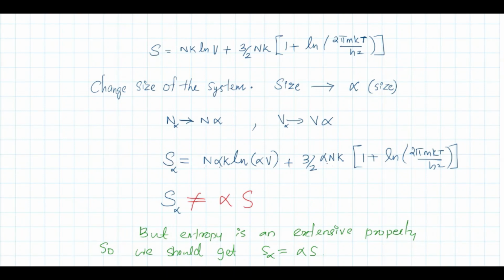Let it be S alpha, equal to n alpha k log alpha V plus 3 by 2 alpha n k into 1 plus log of 2 pi mkT by h square. Since entropy is an extensive property, any change in size should also reflect in the value of entropy. That is, you should get S alpha equal to alpha S.